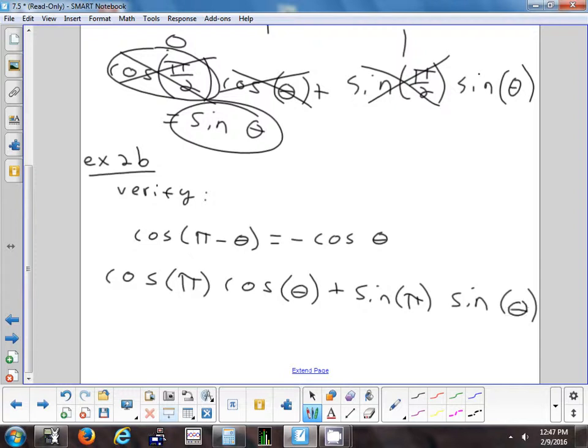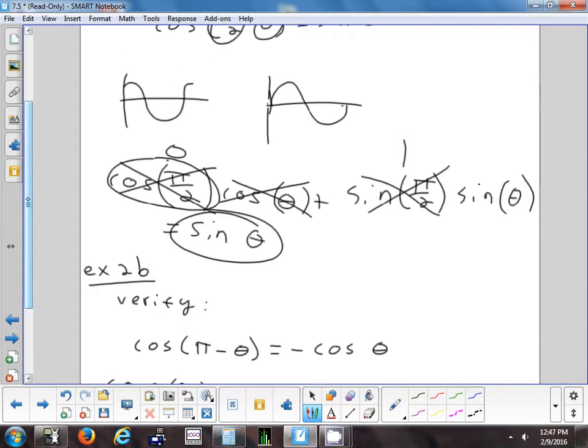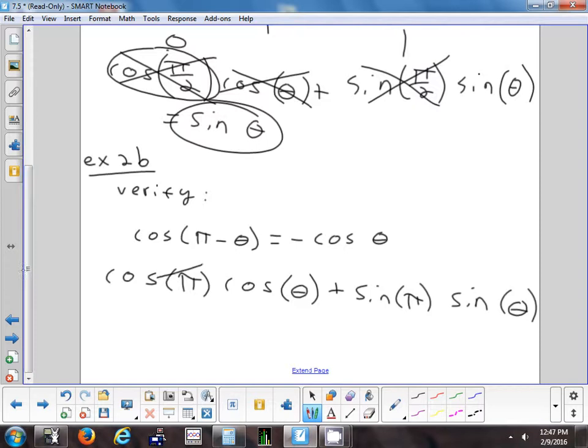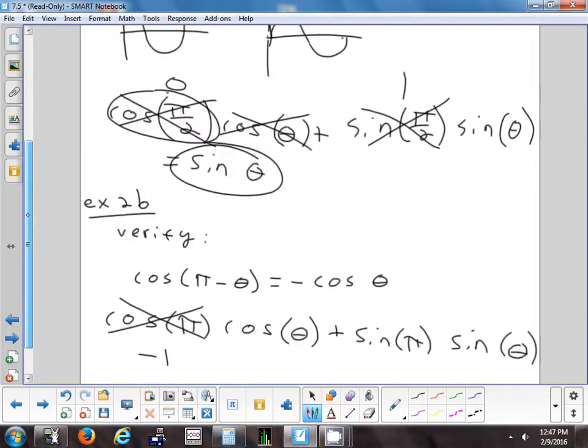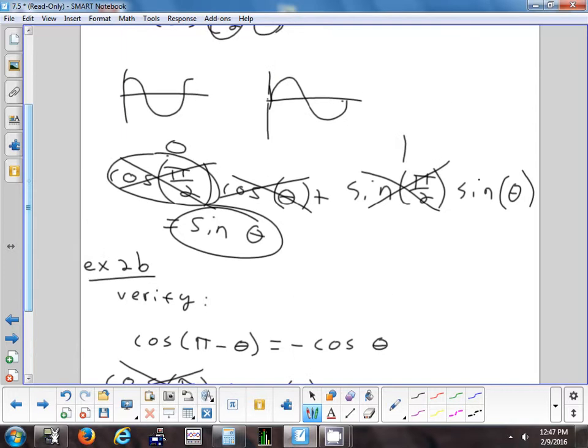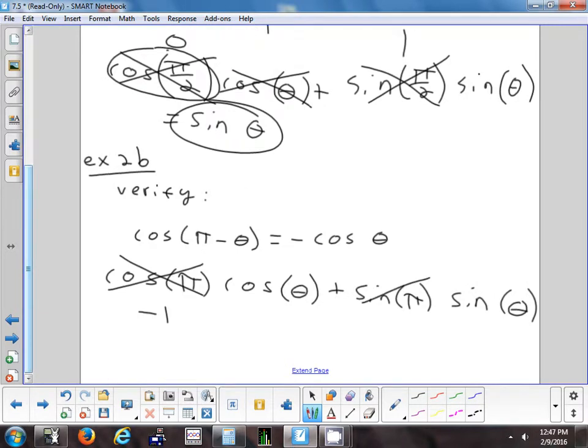Now think about the graph of cosine when we hit pi. Where are we on the graph of cosine when we hit pi? We're at -1. You could type it in if you're not sure. Now think about the graph of sine. When we're at pi, what's the value of sine there? 0.